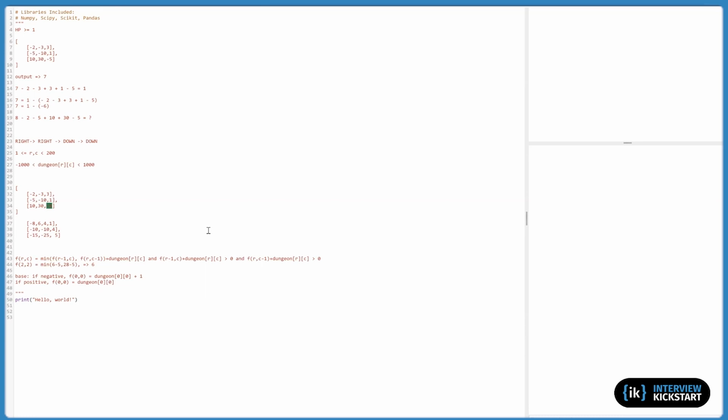Okay, now I guess I'm trying to figure out how to choose the path then. I guess as soon as I get here, I would just take the minimum of that. So for each one, I would take the minimum of that number. So here's 4 and here's negative 10.